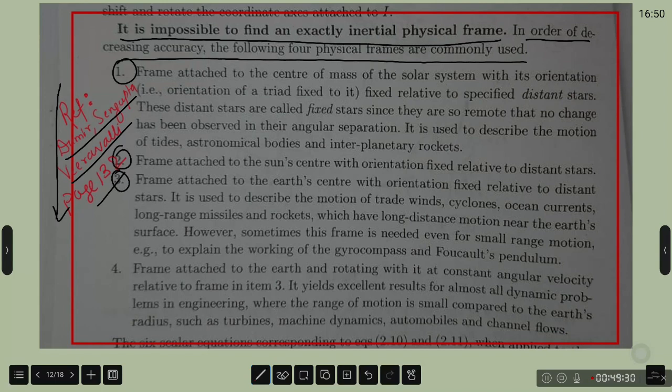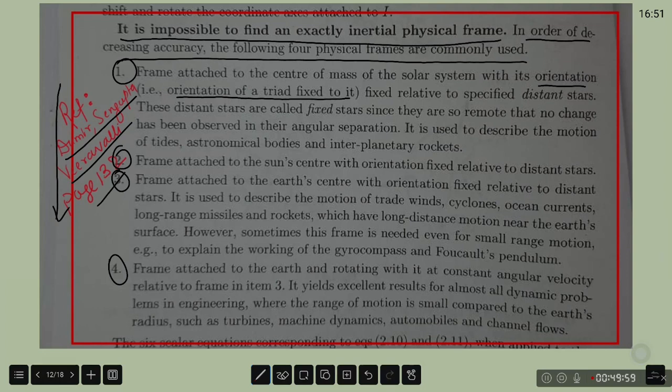What is the first inertial frame that we use as scientists and engineers? Frame attached to the center of mass of the solar system with its orientation, and when they say orientation, they mean orientation of a triad fixed to it, the same kind of triad, big E1, big E2 and big E3, that I have been using in my lectures.